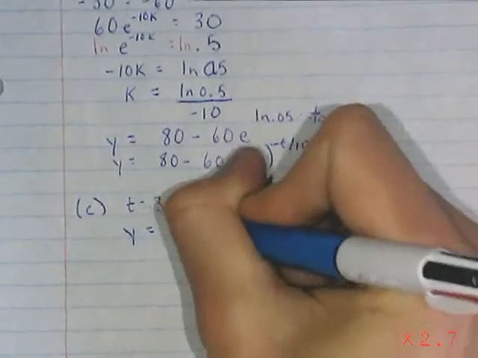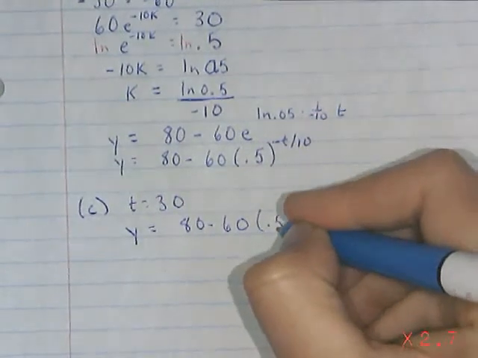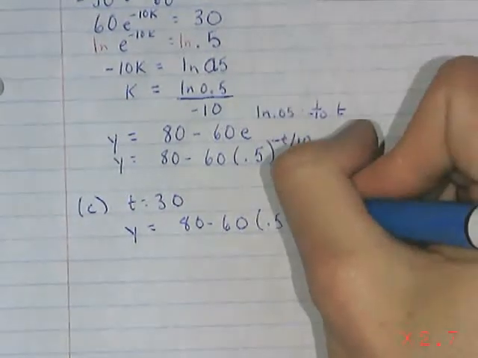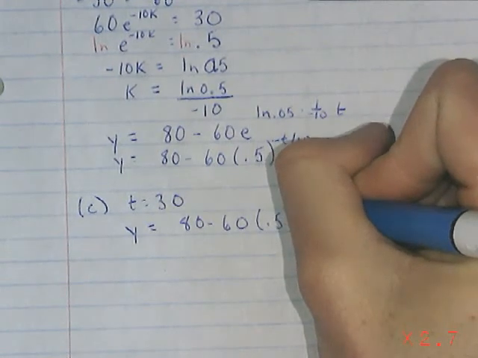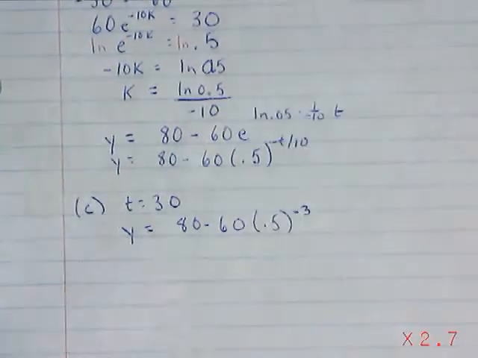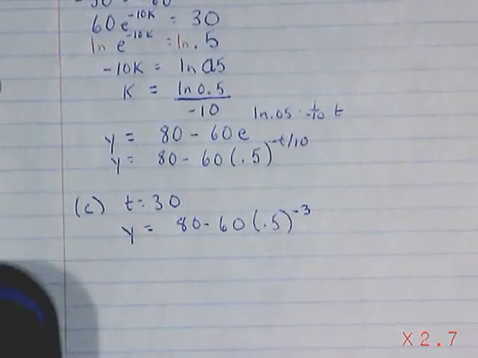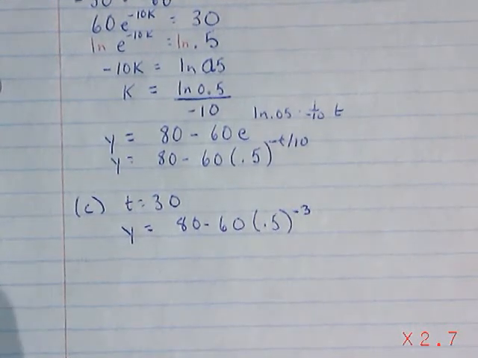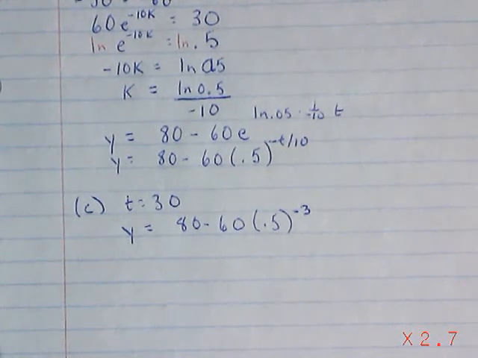Should be 80 minus 60 times 0.5 raised to the negative 3. Let's see what our calculator does with that.